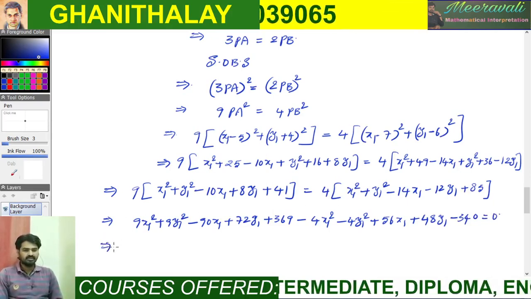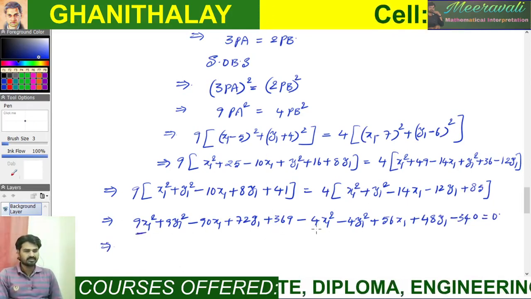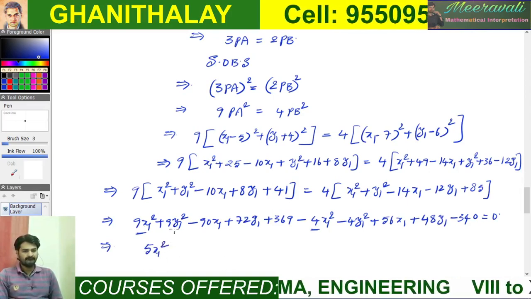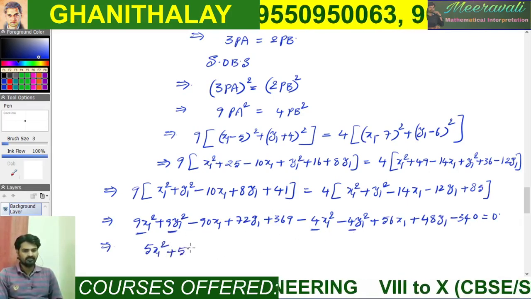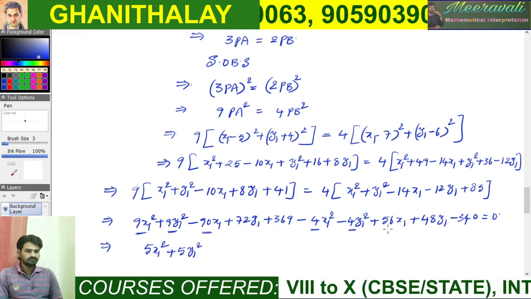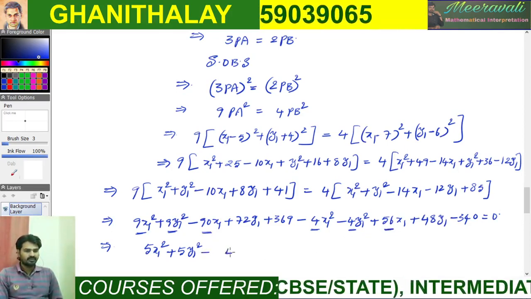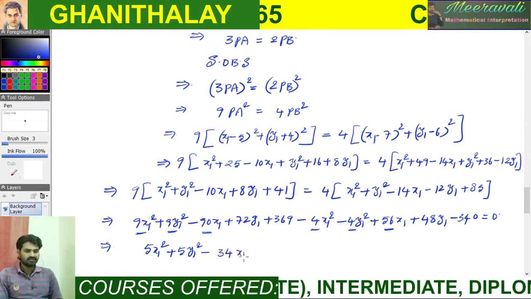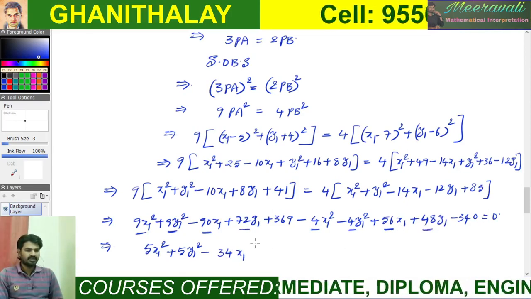So you can arrange carefully. First the x1 square terms: 9x1 square minus 4x1 square, that is 5x1 square. Next y1 square, 9y1 square minus 4y1 square, that is 5y1 square. Next minus 90x1 plus 56x1, you will get minus 34x1. Next the y terms, 72y plus 48y.